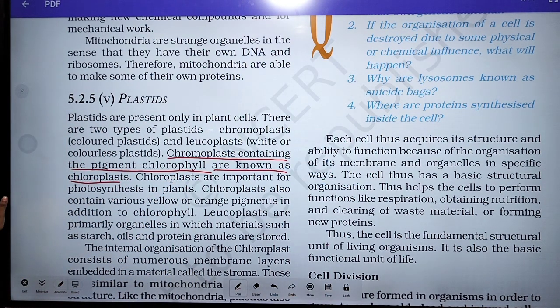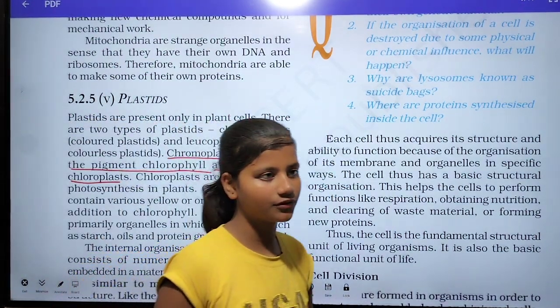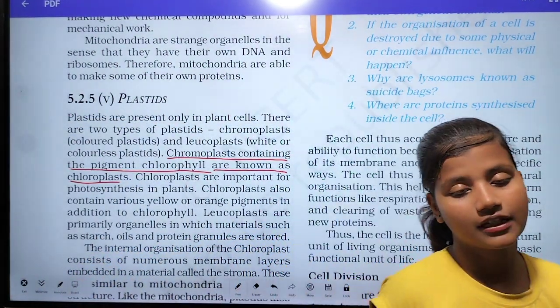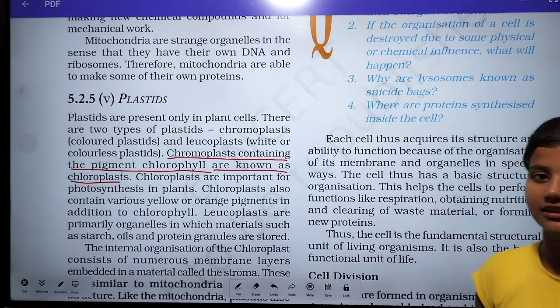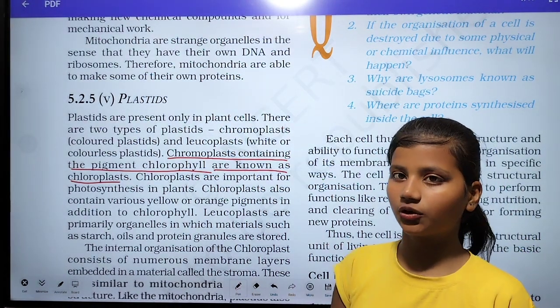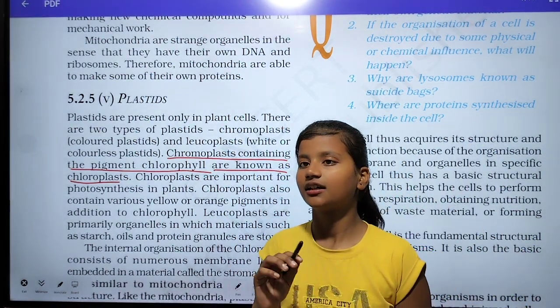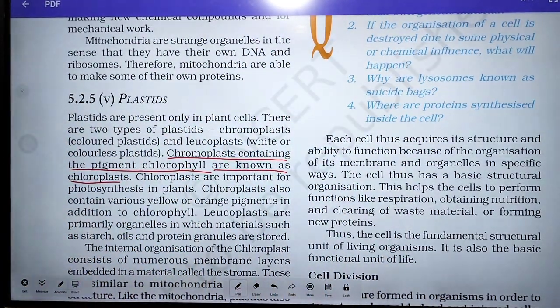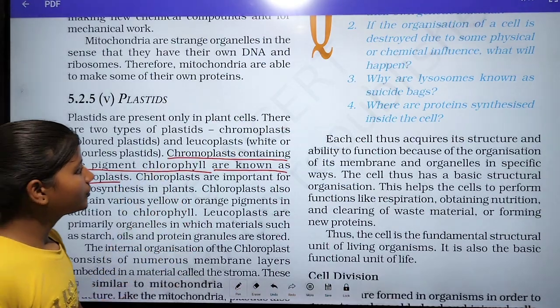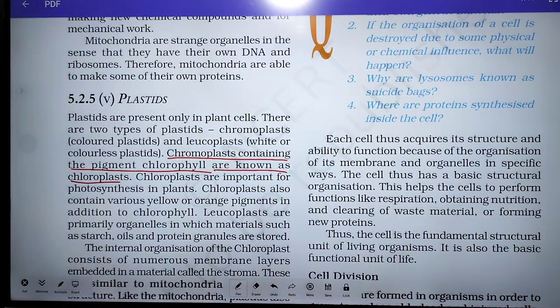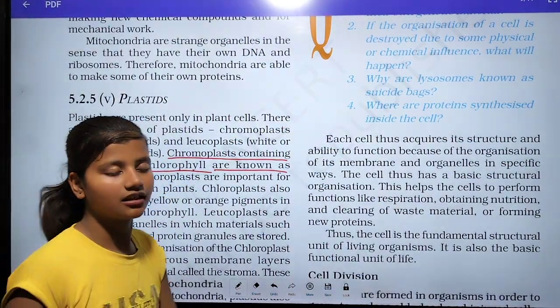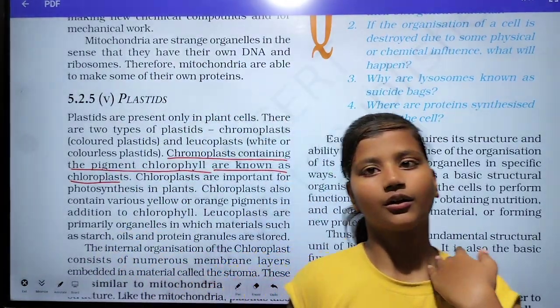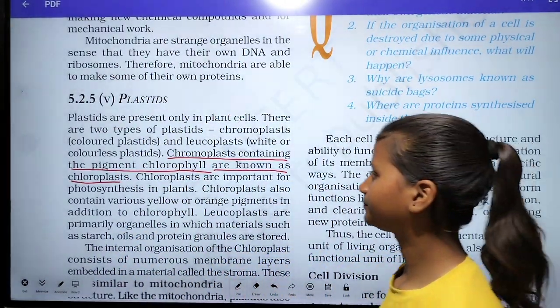And it is only present in plant cell, and there are two types of plastid. First one is chromoplast and second one is leucoplast. Chromoplast is colored plastid and leucoplast is colorless or white plastid. Chromoplasts contain the pigment chlorophyll, known as chloroplast.